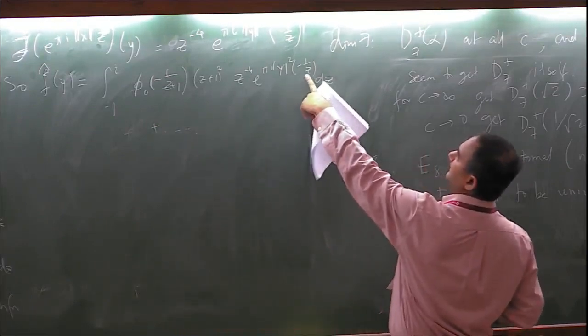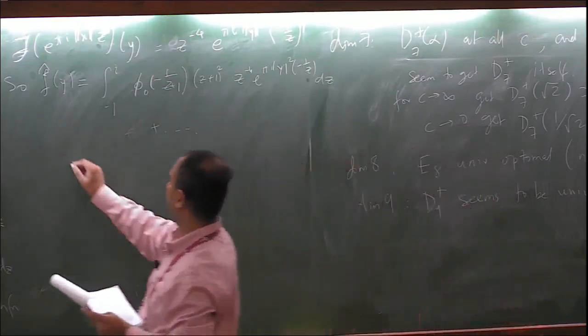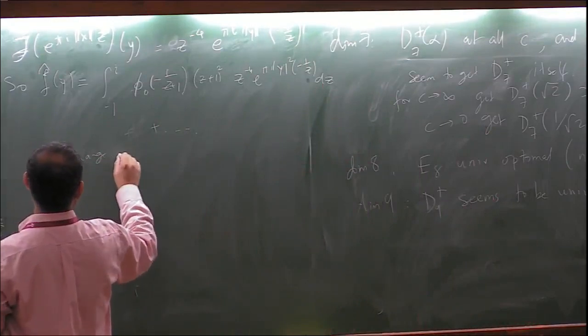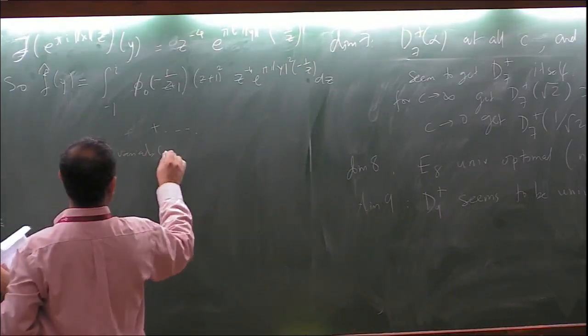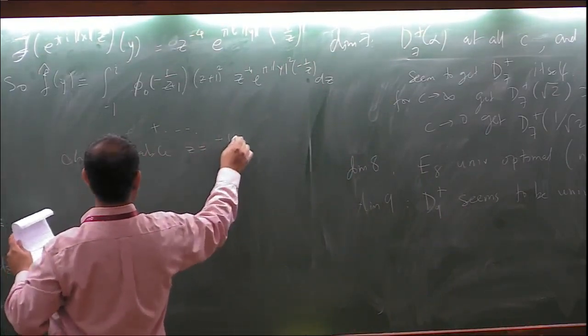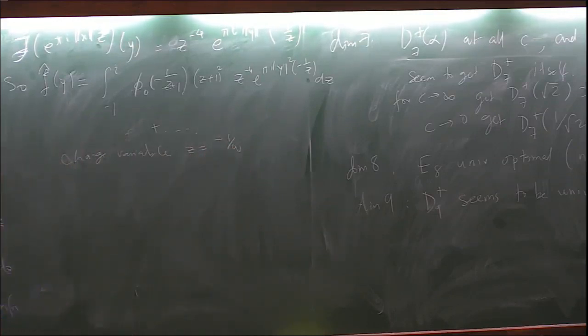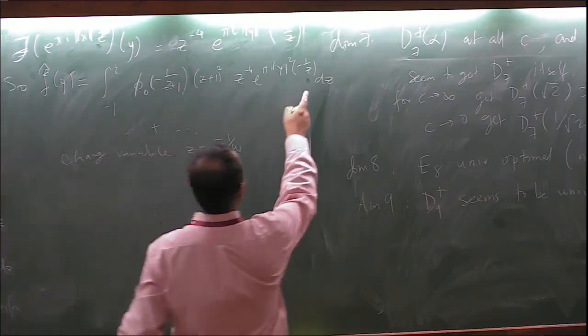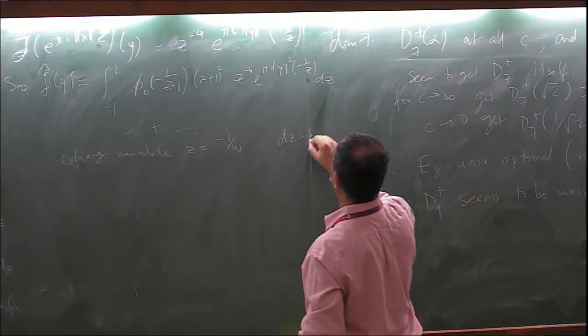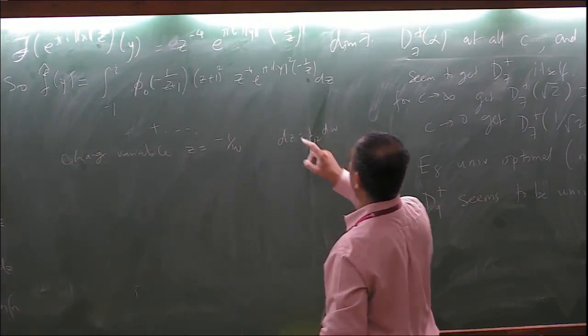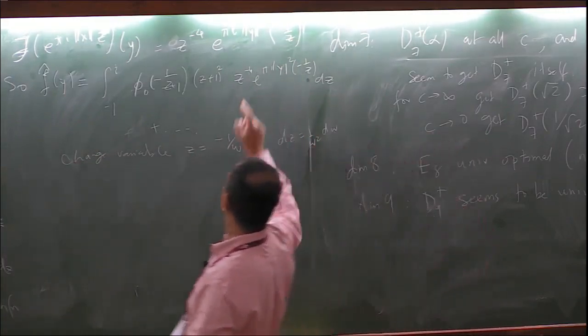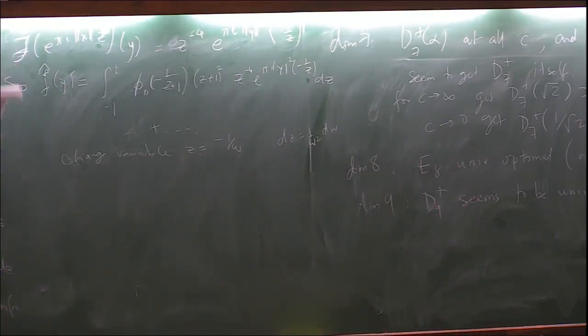You want z in the numerator, so change of variable. So you set z equals minus 1 over w. And what happens? So dz is 1 over w squared dw. And z to the minus fourth comes w to the fourth, etc.